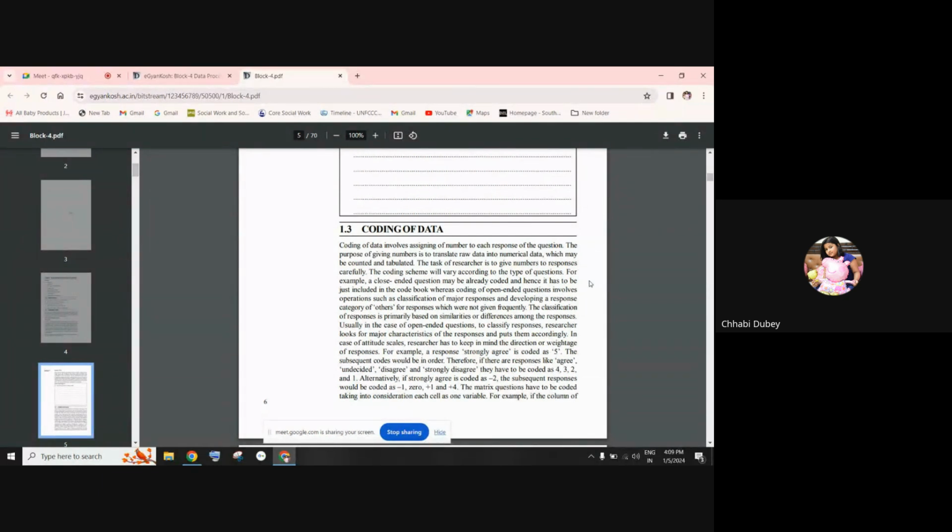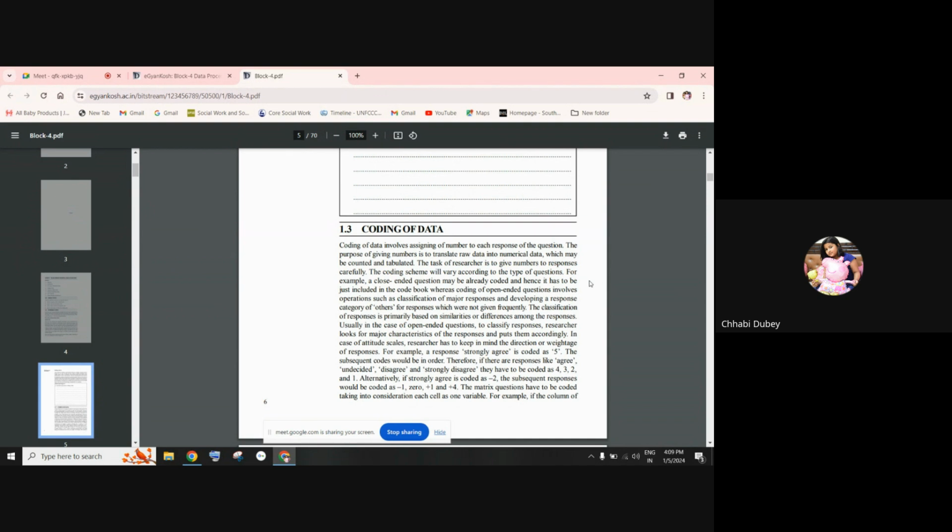The purpose of doing this is basically to translate the raw data into numerical data, which may be easily counted and tabulated. Now this has to be done very carefully, and the coding scheme will vary depending upon the type of questions. For example, in the case of close-ended questions, they may already be coded, and in that case, it has to be just included in the code book.